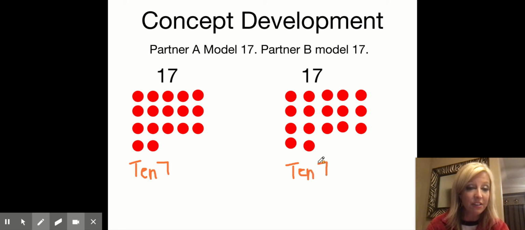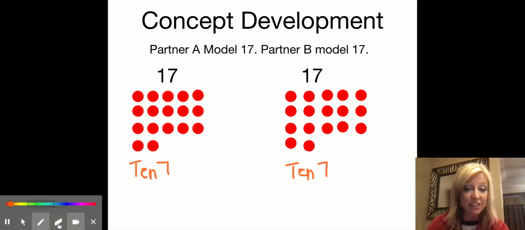So if you look, your 10 ones are the same on both, and then your other ones are still what? They're the same. So we call these equal. 17 is the same as 17. 10, 7 is the same as 10, 7. They are equal. Go ahead and clear your boards.